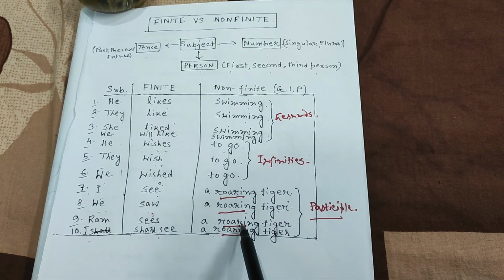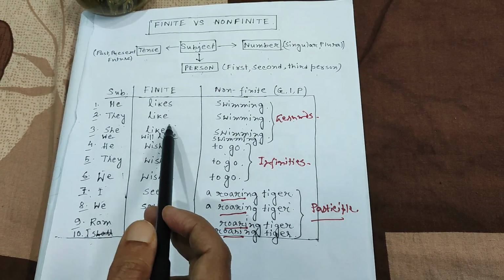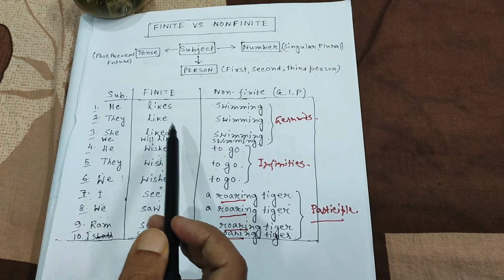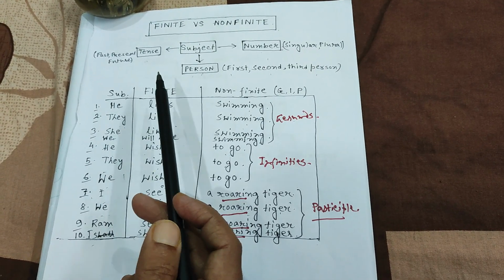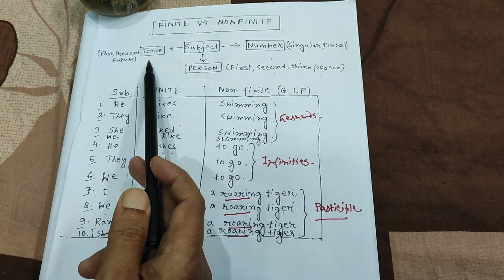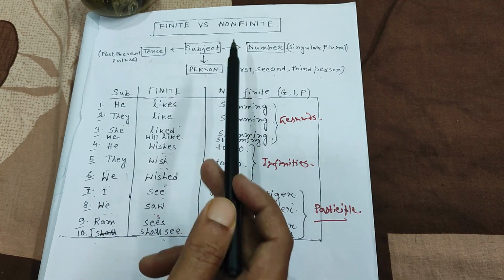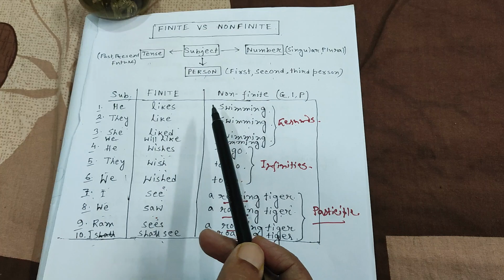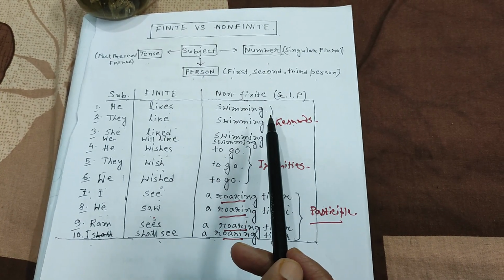But here there is no change. So you can very well understand that a finite verb, according to subject-verb agreement rules, changes as per the three parameters of tense, person and number of the subject. But in case of a non-finite verb, there is no change, it remains constant, it remains unchanged.